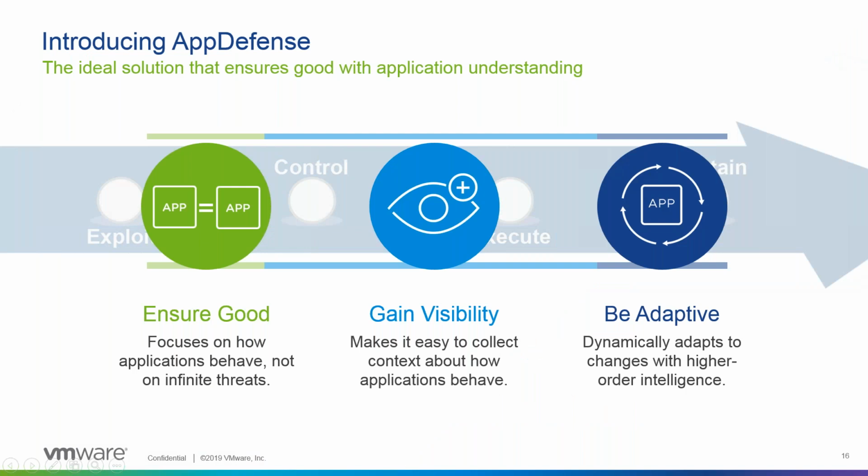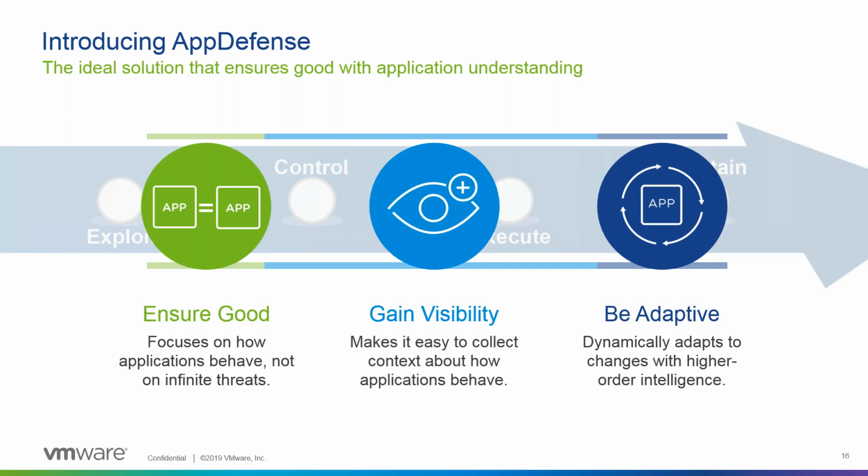And so AppDefense is really designed to help solve this problem. And there's really three key pillars to the way AppDefense works and the benefits that it gives you in your environments. Firstly, it's about ensuring good. So we're effectively flipping the model in terms of how we identify and stop threats by focusing and validating how applications behave rather than trying to identify and chase an infinite number of threats.